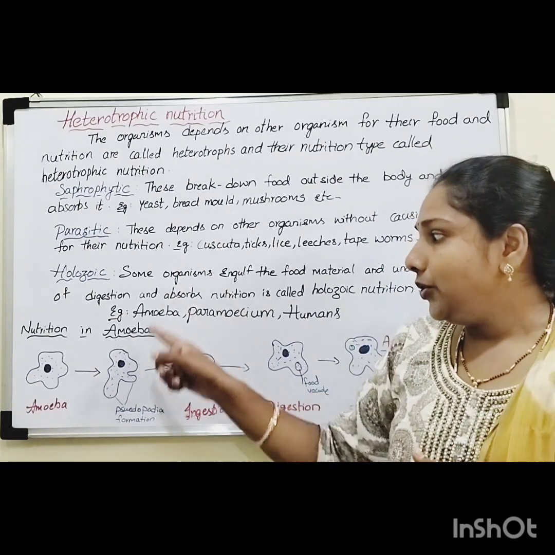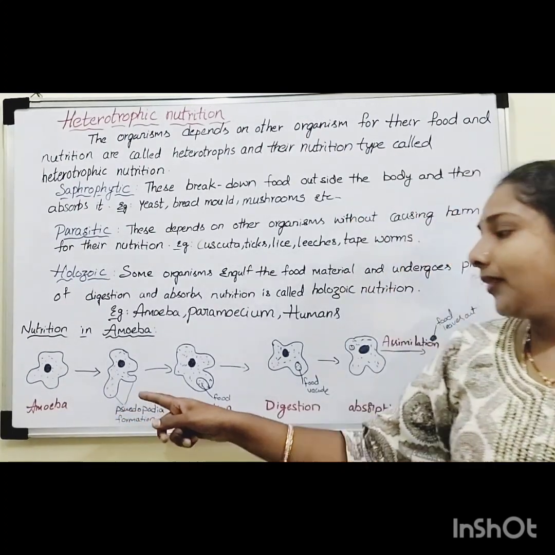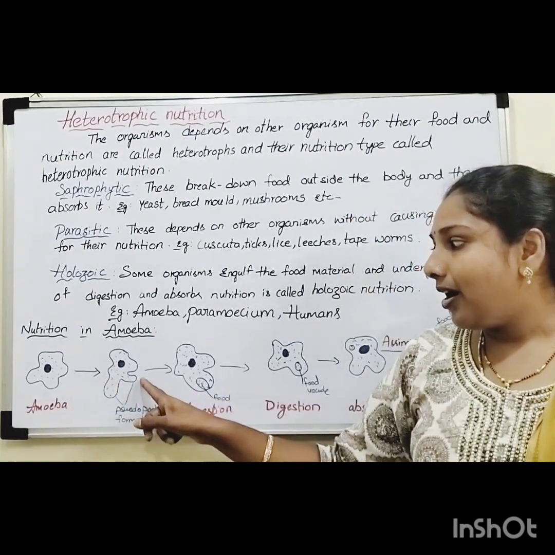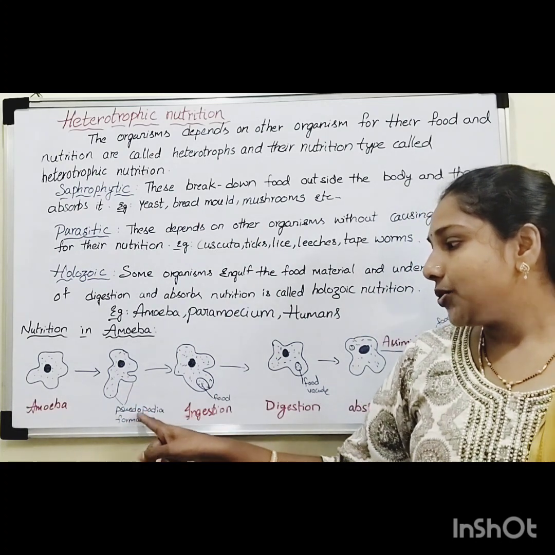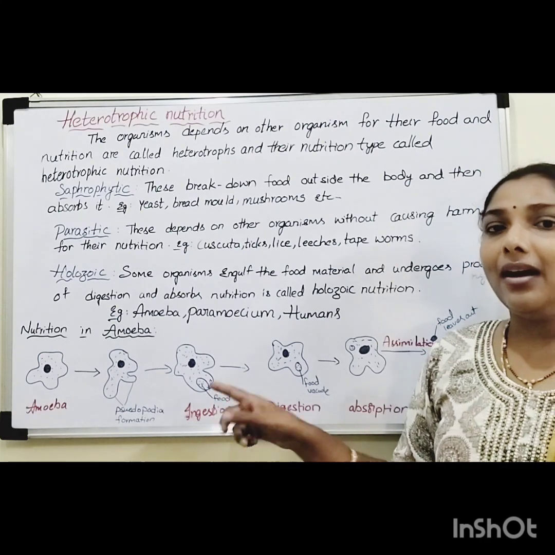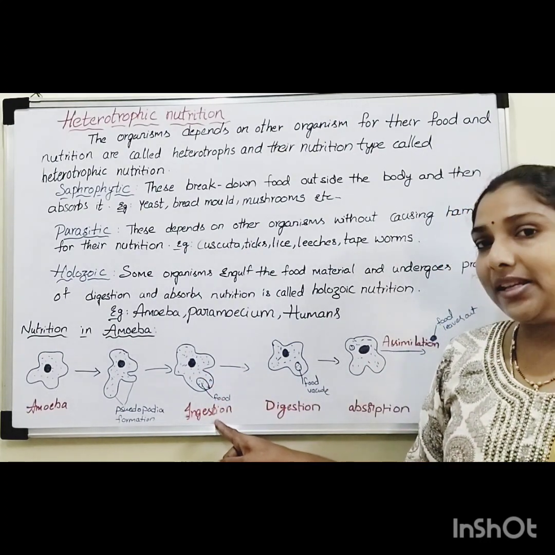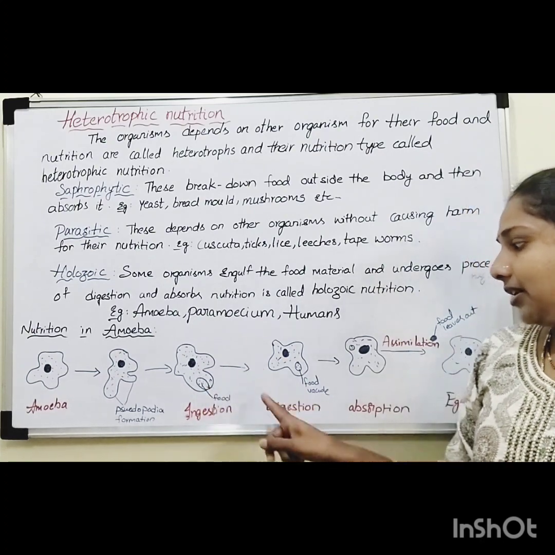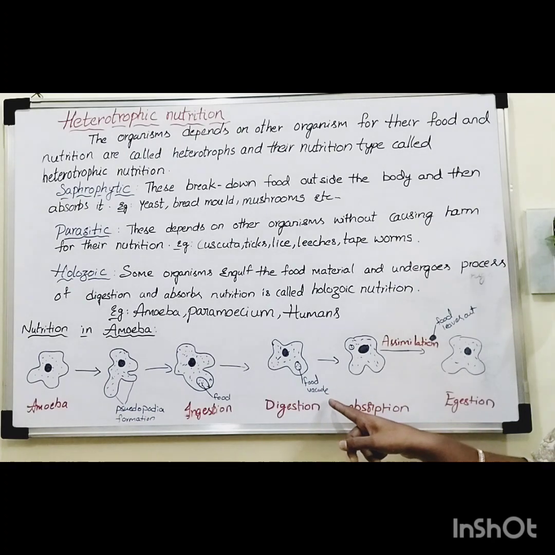But in a unicellular organism like amoeba, amoeba develops a false foot-like appearance. This we call pseudopodia. The pseudopodia help in the engulfing or ingestion of the food. This process is called ingestion. After ingestion, digestion occurs by developing a food vacuole inside the cell.